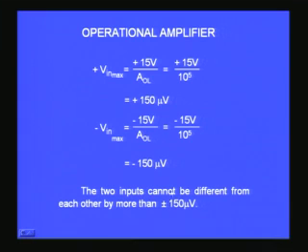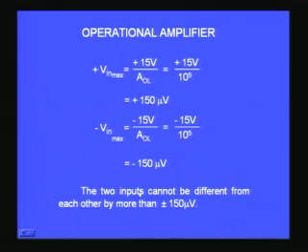So the two inputs of an op amp cannot be different from each other by more than plus or minus 150 microvolt. This is a very important concept which will help you to understand many of the principles of working of the circuit.